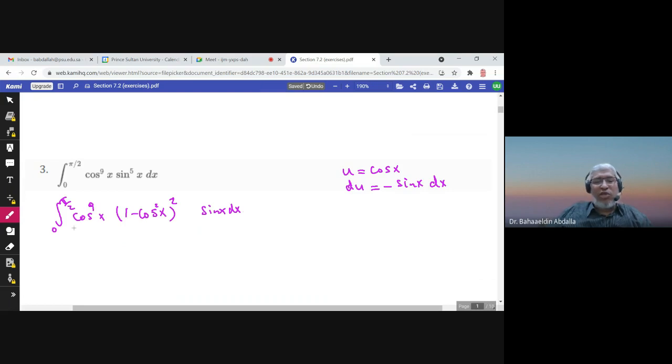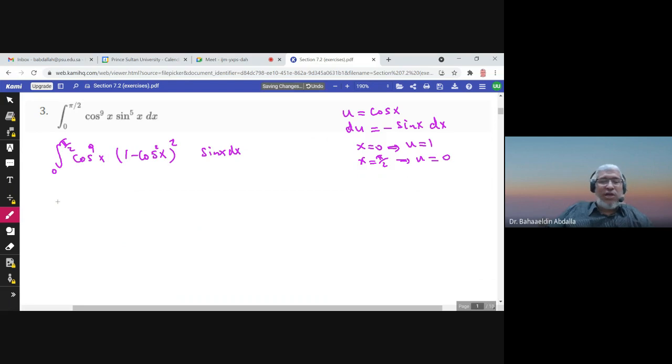But let us also change the limits of the integral. So if x is 0, cosine 0 is 1, so u is 1. And if x is pi over 2, cosine pi over 2 is 0, so u is 0.